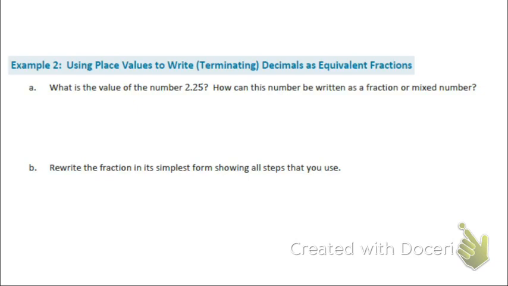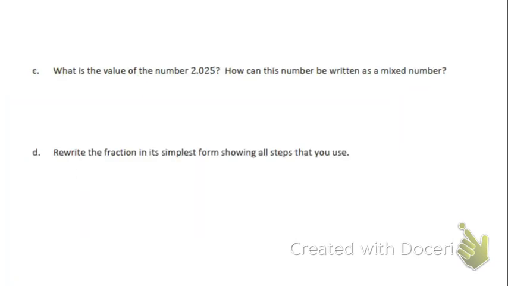Alright, so moving on. What about this next one? It's pretty much the same, except it has a little zero there. So if I'm turning that into a fraction or a mixed number, it's 2. And look at where this last number in the decimal ends. Remember, this was the tenths, hundredths.